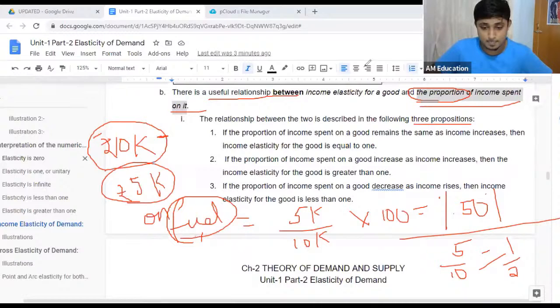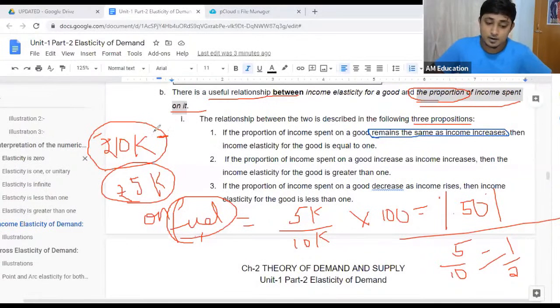First thing, if the proportion of income spent on a good remains the same as income increases.